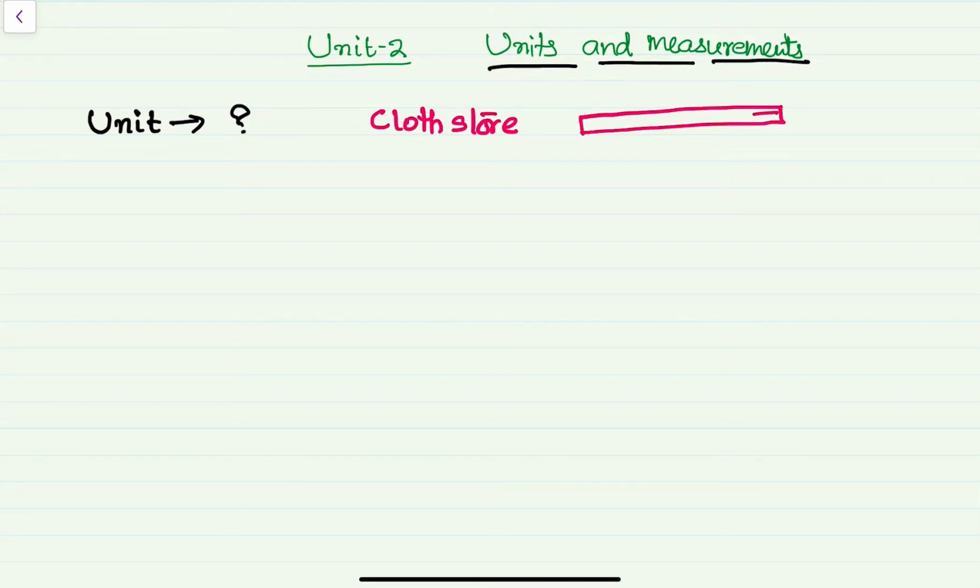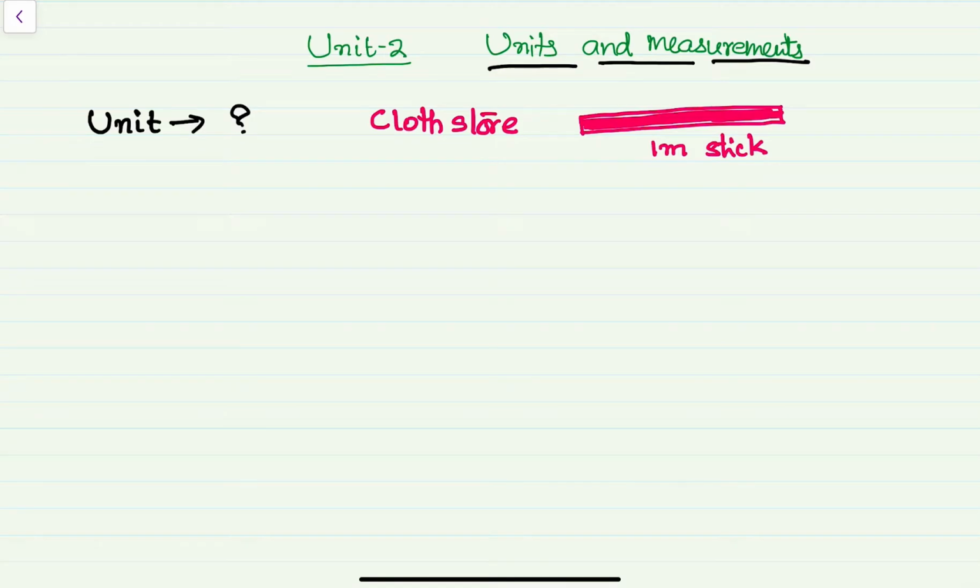By using that long stick, the cloth store person is trying to measure the cloth. What is that? Obviously you can think that this is called a 1 meter stick.